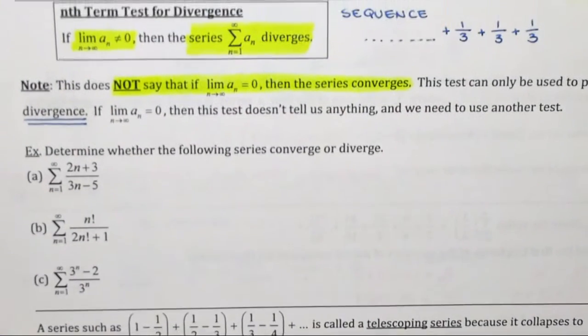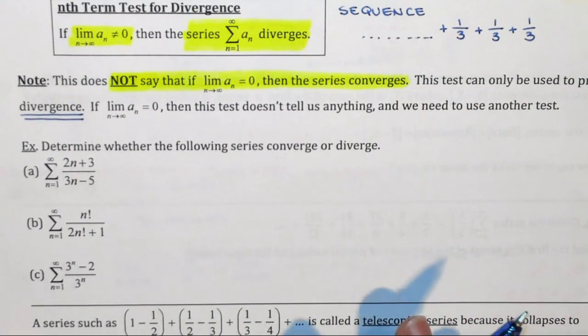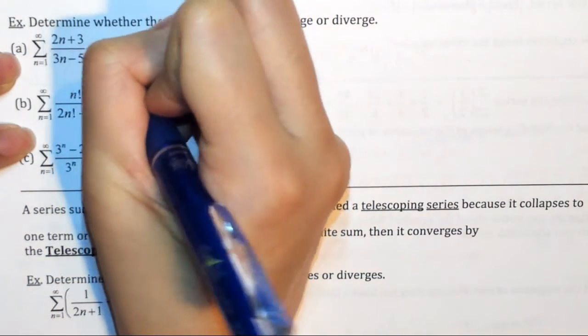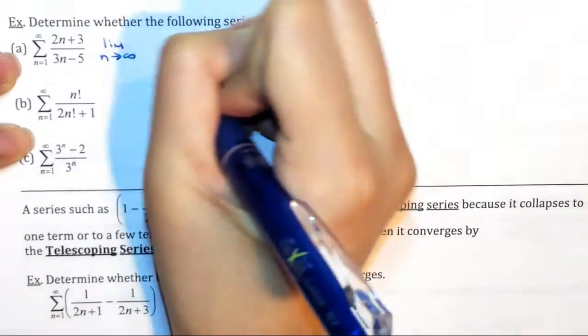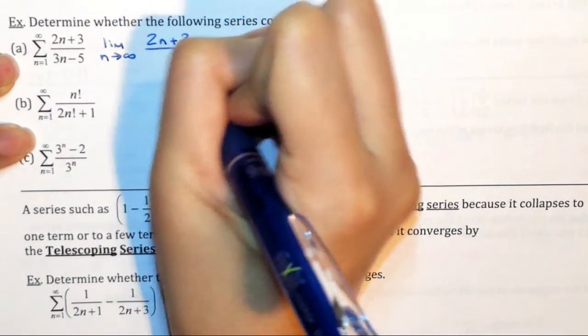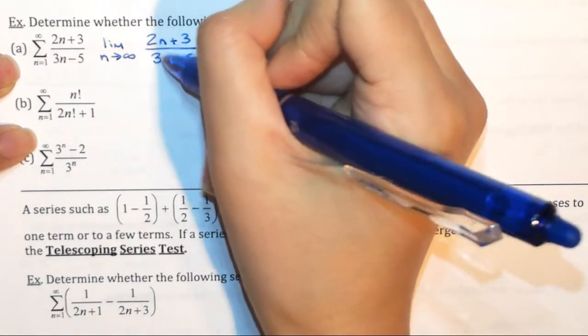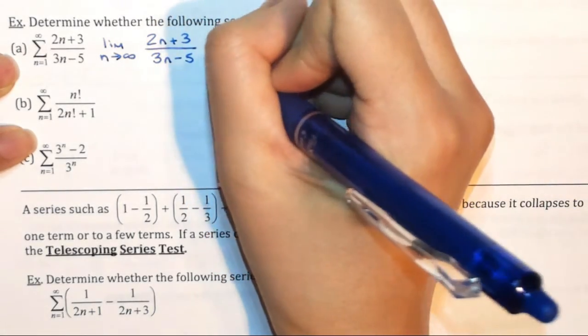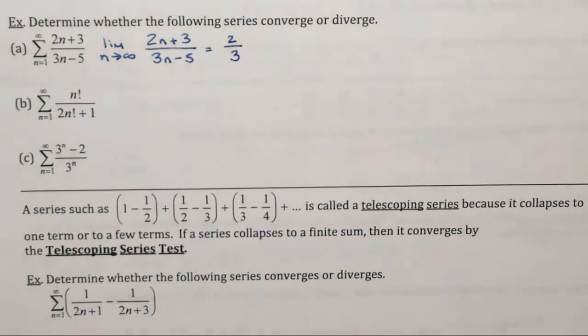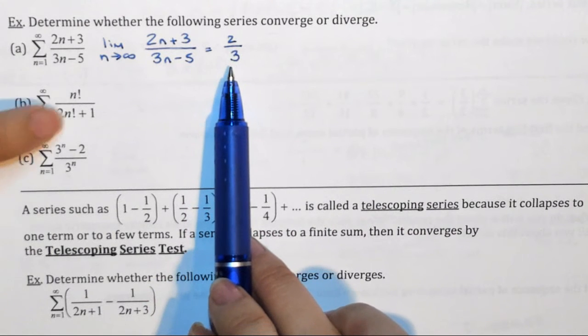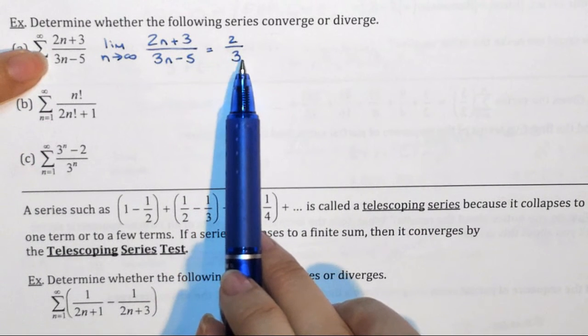All right, so if we look at these 3 examples, and remember what I said, I always start with the nth term test and see if it diverges automatically, and if it does, then you can stop. So for every sequence, I start by doing the limit of the sequence. And this limit, if we do L'Hopital's, or if you just evaluate horizontal asymptotes, will equal 2/3, right? If the limit equals 2/3, then the sequence is going to go to 2/3.